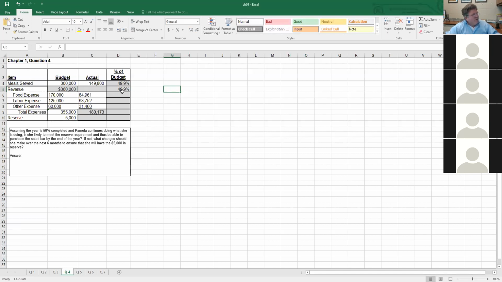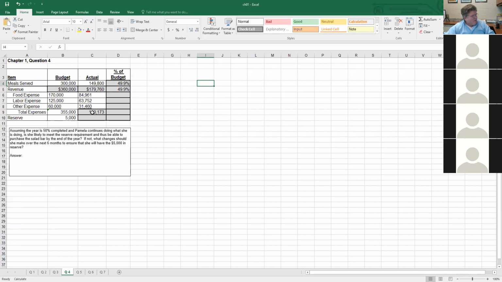You can multiply this times 0.499 and you will get a number, because we know the percentage of budget is the same. Now we can start calculating these things. So we know what our actual budget was supposed to be, our actual revenue.